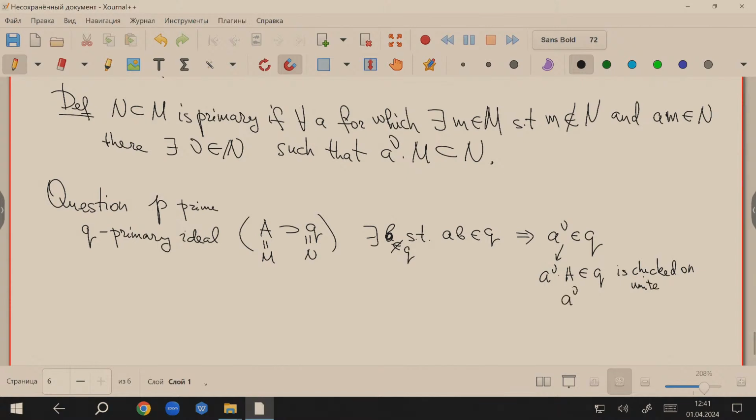So A^ν times 1 belongs to Q. First of all, you see that this means that B is in the kernel of the operator φ_A, where φ_A is multiplication from A/Q to A/Q.